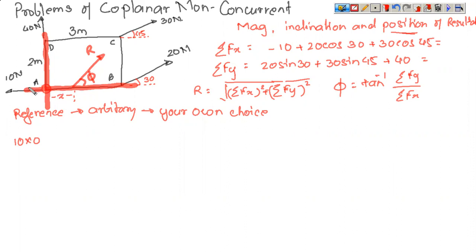Now this force is actually parallel to the dark line AB, and if it is parallel to the dark line AB, the distance between the force and the dark line AB is actually 0. So the distance between two parallel lines representing the line of action of the force is called your perpendicular distance.